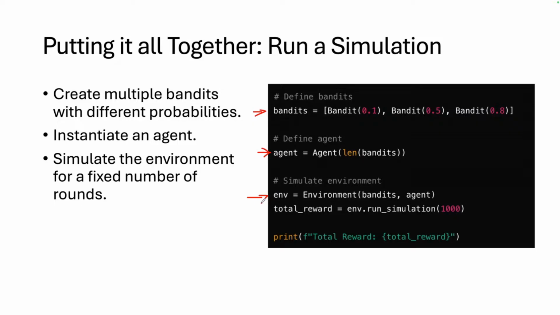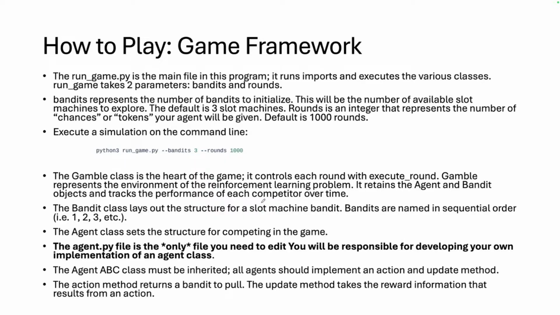So I think what's really powerful about object-oriented programming and reinforcement learning is you can design simulations to test out different mathematical strategies and approaches for how to maximize rewards before you actually run them on real people, which is pretty neat.